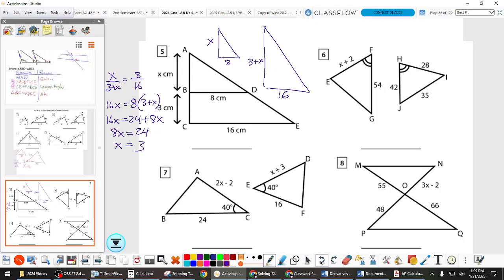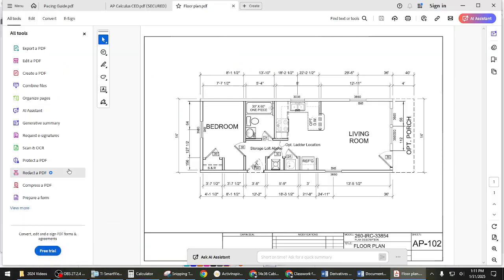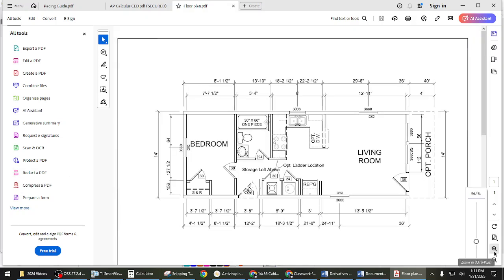Okay. I can zoom this a little. What do you notice about this? Just anything. What do you notice about this blueprint? Okay, there's only one bedroom, you're right. What else?